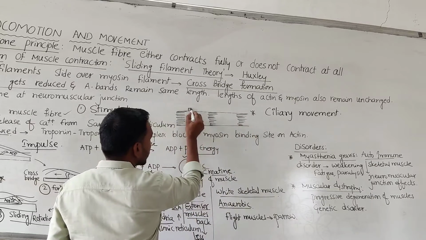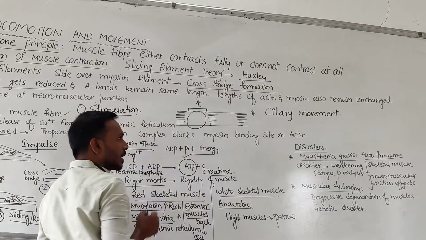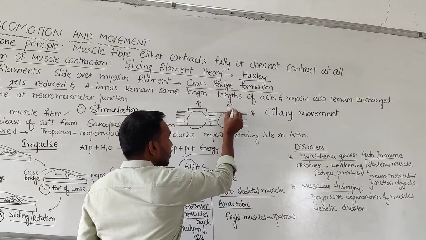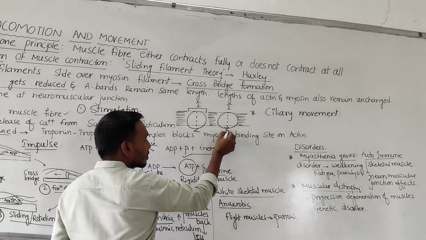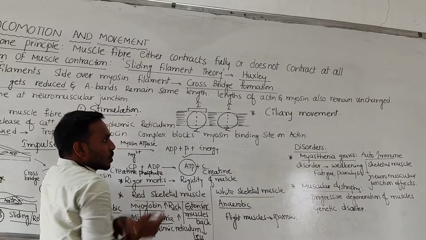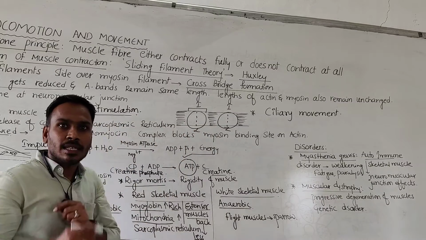You see, this is the I band. The I band will get altered. This is another I band. The longitudinal line is called the Z line. The two successive Z lines will come closer. So which one is altering? The I band is altering. This is a previously asked question.